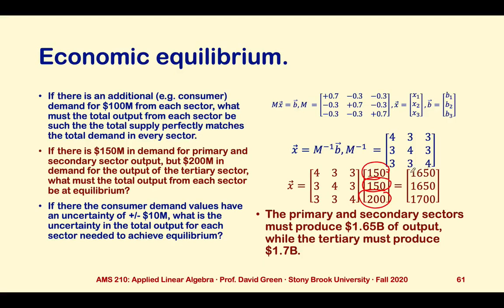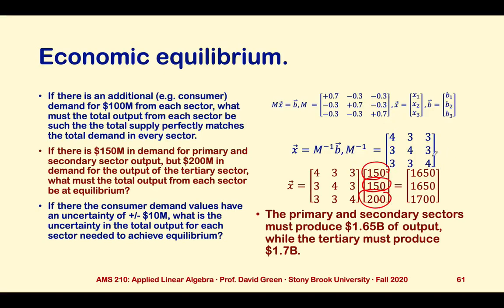We see multiplying through, 4 times 150 is 600. 3 times 150 is 450. That gives us a total of 1050 plus 600 gives us 1650.